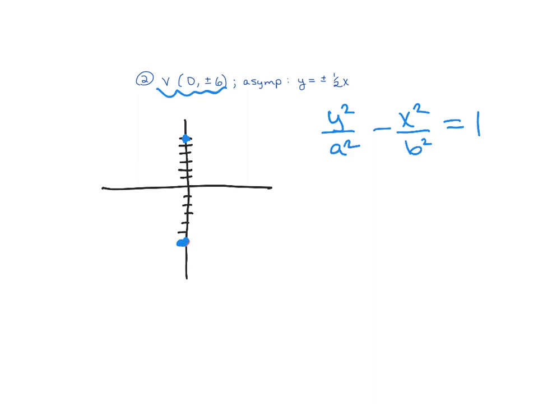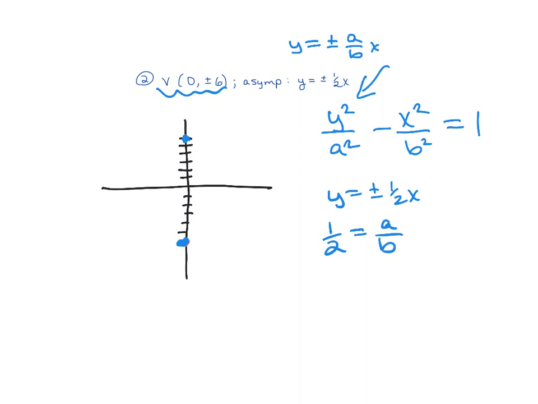Now, when the y squared is the first variable, when it touches the y-axis, I know my asymptote equation is going to be a over b. So if I know that this y equals plus and minus 1/2 x, the 1 is a, and the 2 is the b.